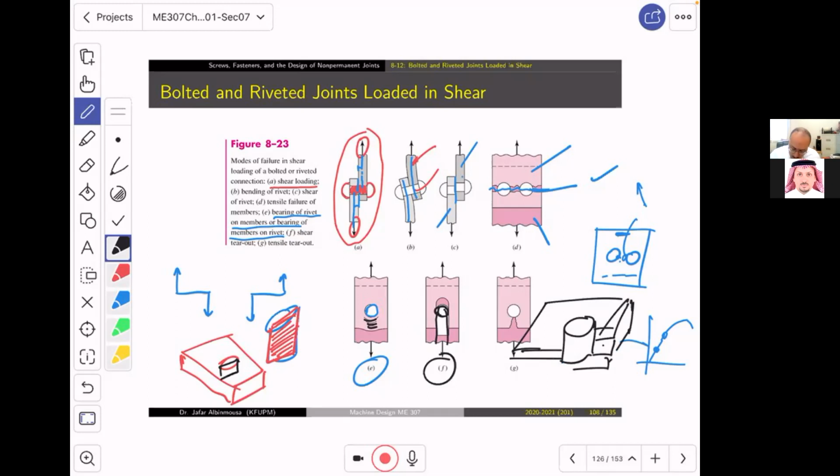The third one, this 1, 2, 3, 4, 5, 6, 7. The seventh one is what is called the tensile tearing. Tensile tearing means that, due to the fact that the rivet is maybe close to the edge and having a significant plastic deformation ahead, this area will become weaker.